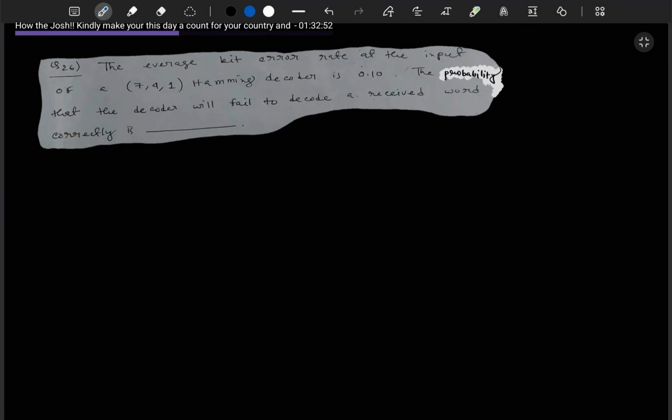The probability that the decoder will fail to decode a received word correctly is... So it will fail to decode only when more than one bit of the received code is wrong.